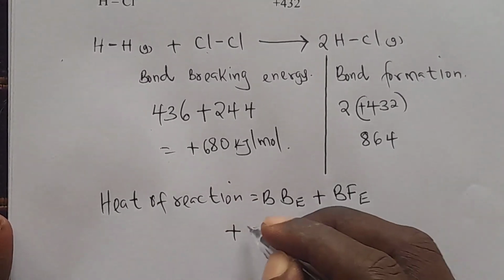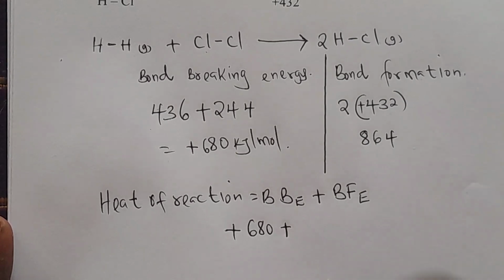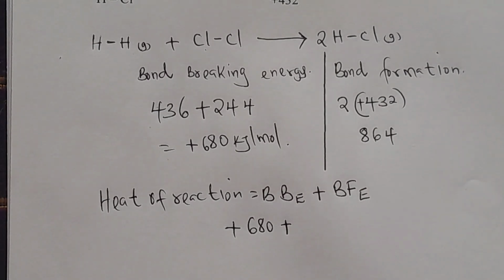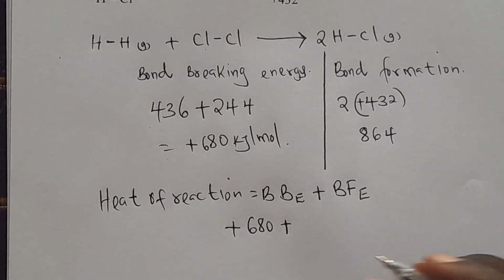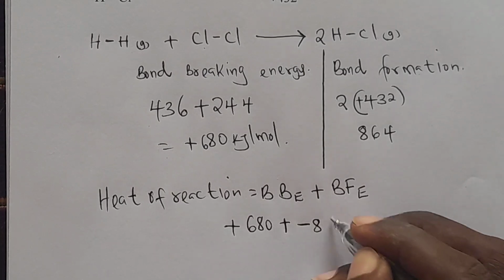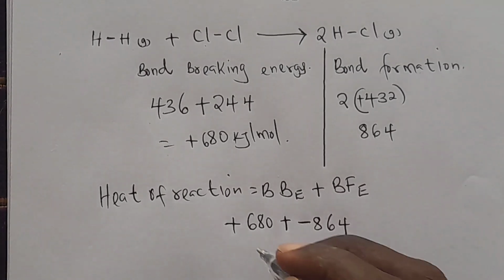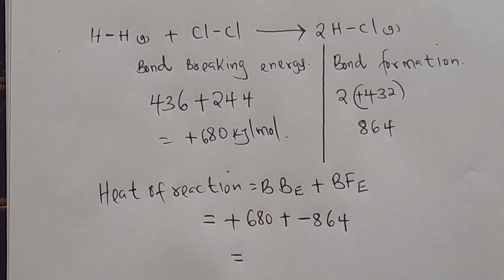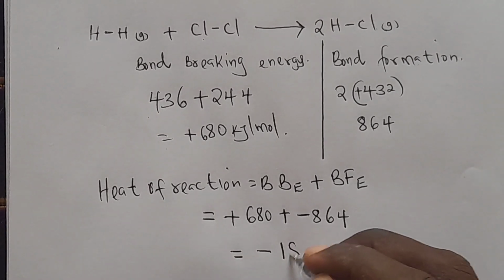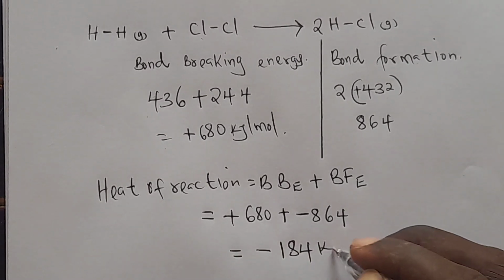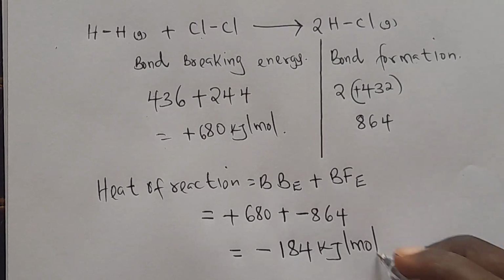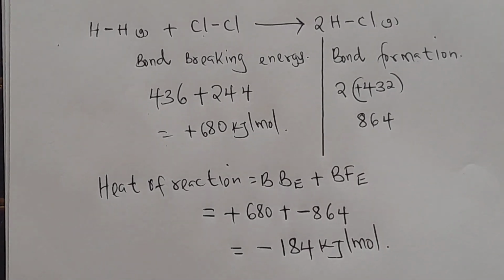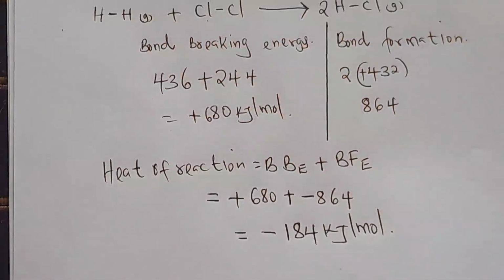So here I have positive 680 plus, but bond formation energy is exothermic, so it releases heat energy. Hence it's given a negative sign, so we have negative 864. So the net energy we are going to get is negative 184 kilojoules per mole.